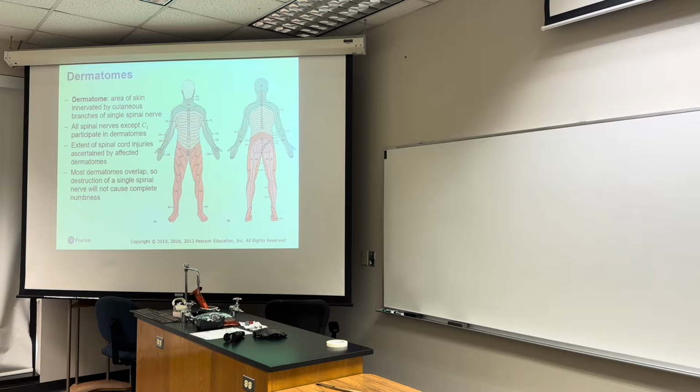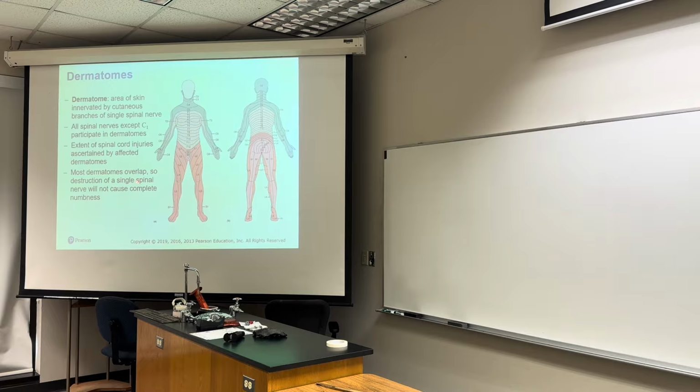Okay, and that is called dermatome. The dermatome is the area of the skin innervated by the cutaneous branches of a single spinal nerve. Except C1, all the rest of the 30 pairs of the nerves are actually what? Responsible for innervating your skin. The extent of spinal cord injuries is ascertained by the affected dermatomes.